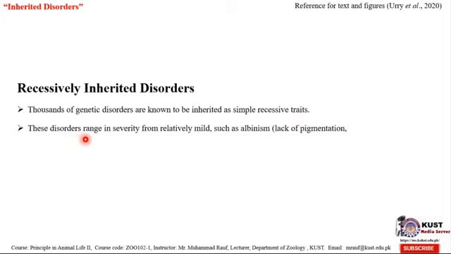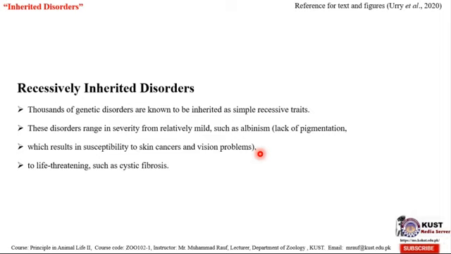These disorders range in severity from relatively mild, such as albinism, which is a lack of pigmentation which results in susceptibility to skin cancers and vision problems. This is one extreme. Another extreme is life-threatening disorders such as cystic fibrosis, which is a congenital disorder.